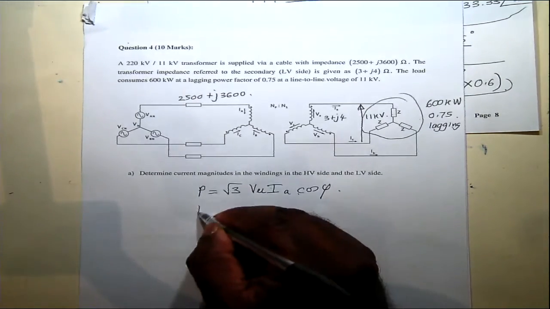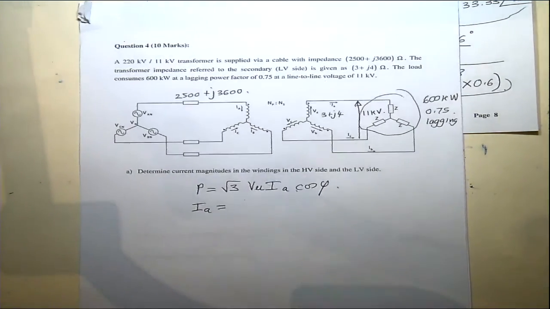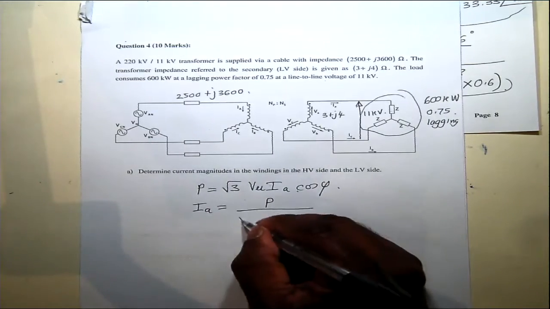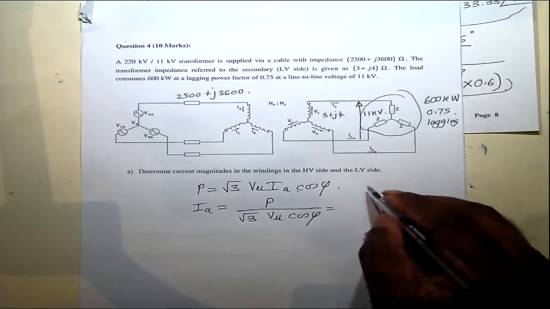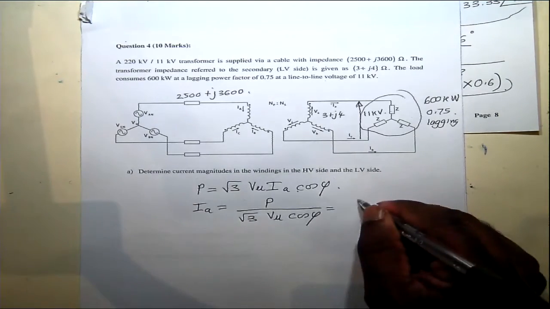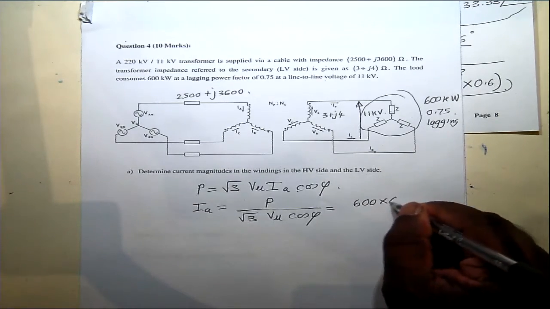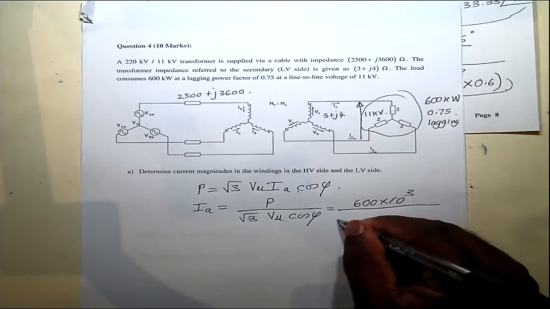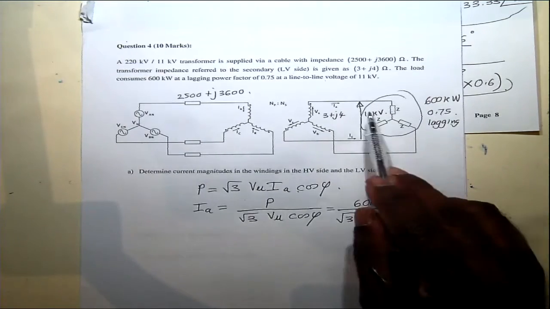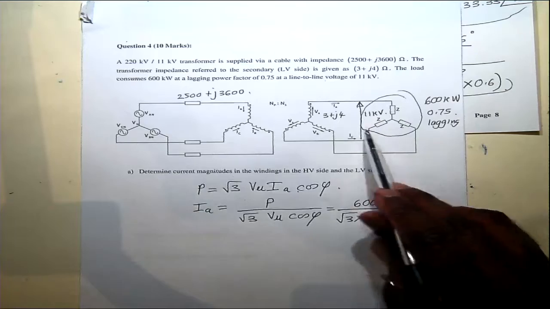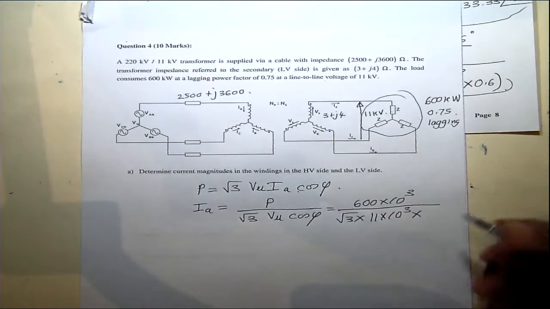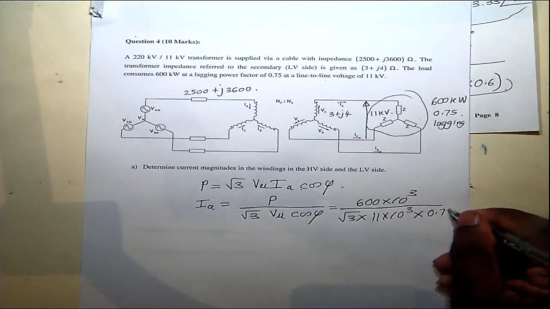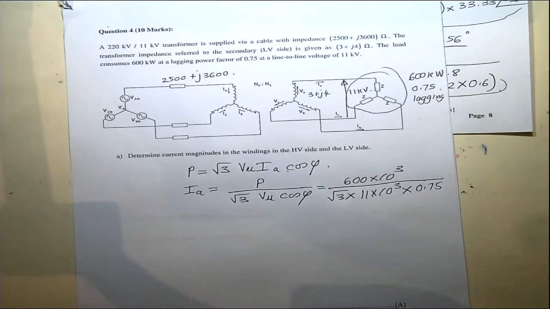So the line current on the secondary side will be P divided by root 3 V line-to-line cos phi, which is the real power of 600 kilowatt, so 600 times 10 to the power 3, over root 3, and this voltage is 11 kilovolts, so 11 times 10 to the power 3, and the power factor is 0.75. This gives you the magnitude of the line current.